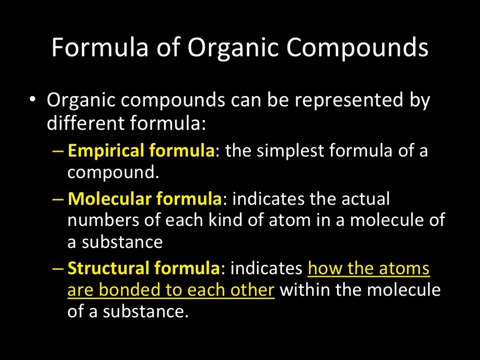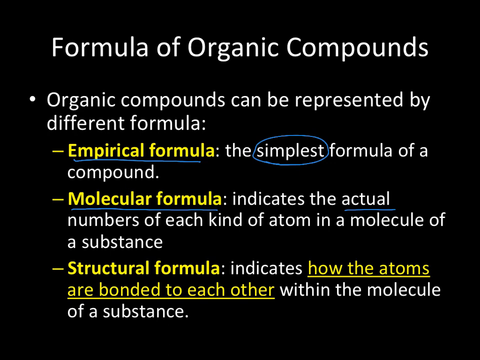Now, in organic chemistry, we represent the compound in different ways. First of all, you know about the empirical formula, which is the simplest formula, or something like the simplest ratio. We know about the molecular formula, which indicates the actual number of each kind of atom in a molecule.